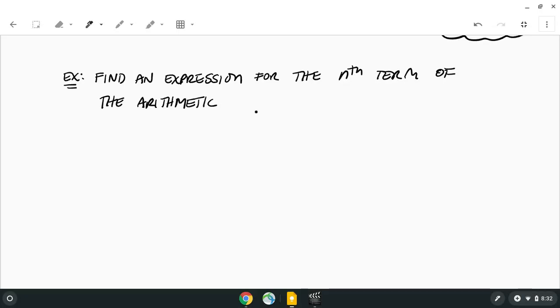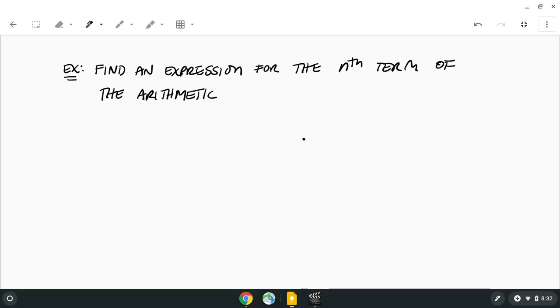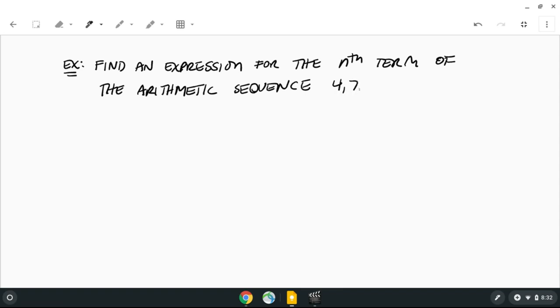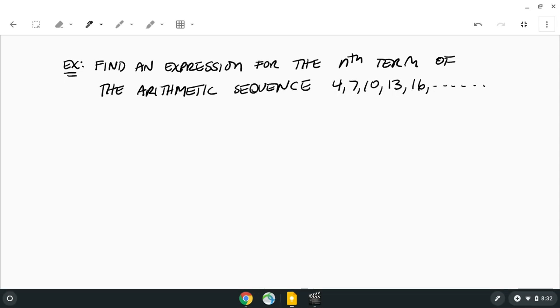If it doesn't say it's arithmetic, you can check. Sometimes it won't say it's arithmetic, so check to see if it is, and then you can use everything that we're talking about here. So find an expression for the nth term of the arithmetic sequence: 4, 7, 10, 13, 16.